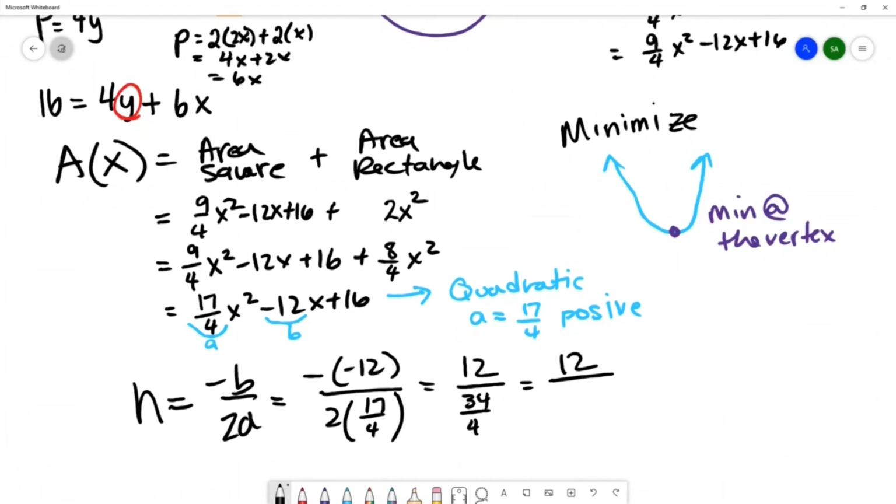That reduces down to 12 over 17/2. I can also multiply by the reciprocal. 12 times 2/17 is 24/17. And I'm going to type this into my calculator to get an approximation. And that's approximately 1.4.